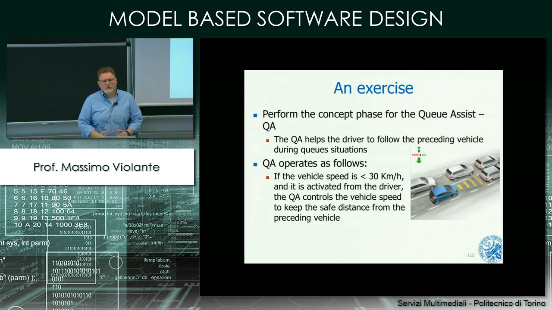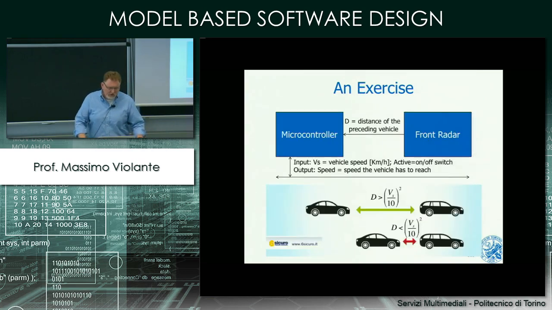The car is able to accelerate or decelerate to keep the correct distance from the preceding vehicle. Correct distance means safe distance, so that you're able to stop the car if you see that the car in front of you stops moving, without hitting the car in front of you. This is something that you can implement with a system like this one.